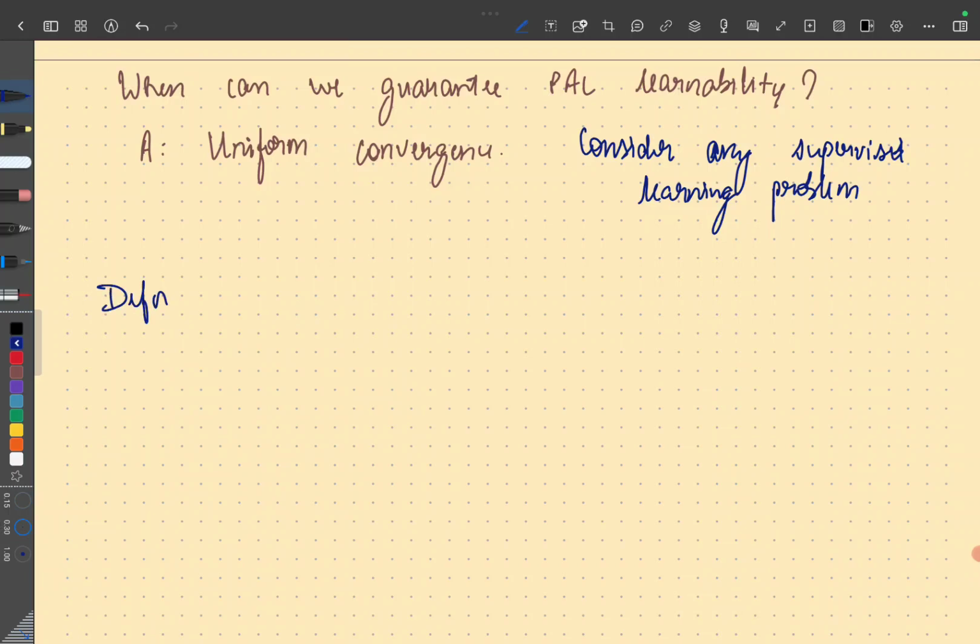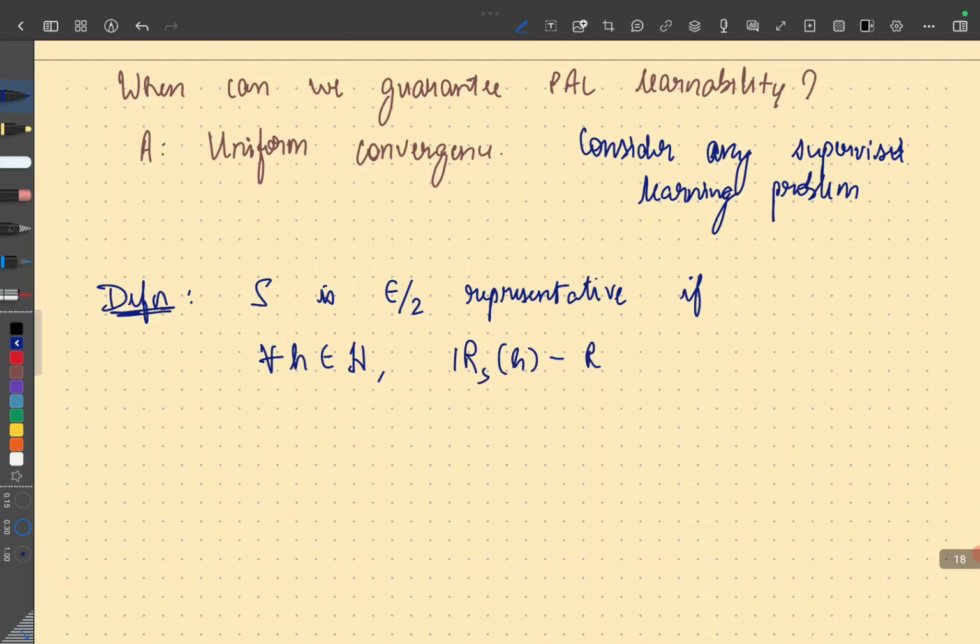So let's define. A data set is said to be, say, epsilon by 2 representative if the following happens: for every predictor within your hypothesis class, the empirical risk is epsilon by 2 close to the generalization error.